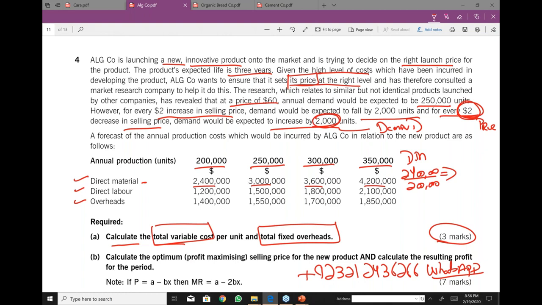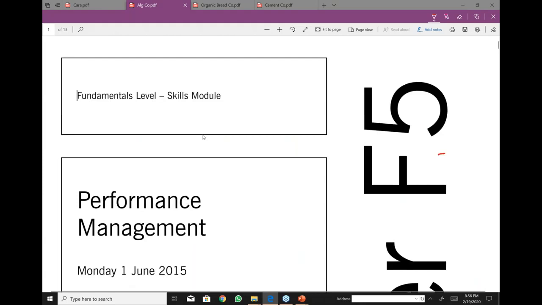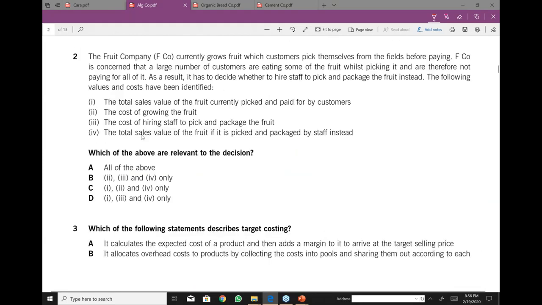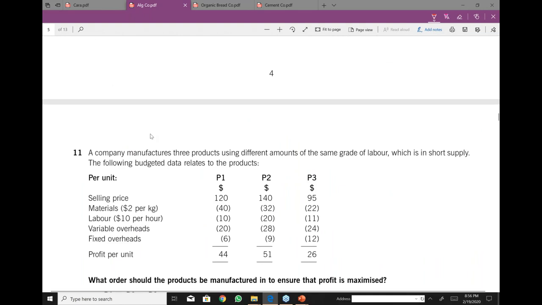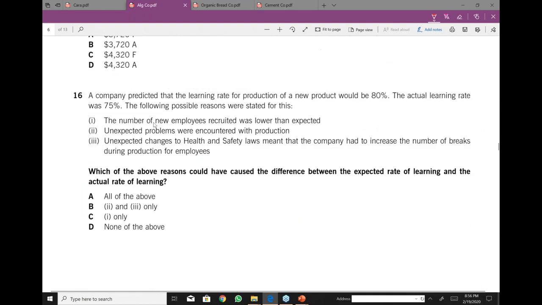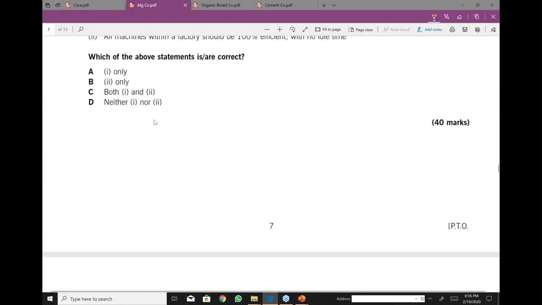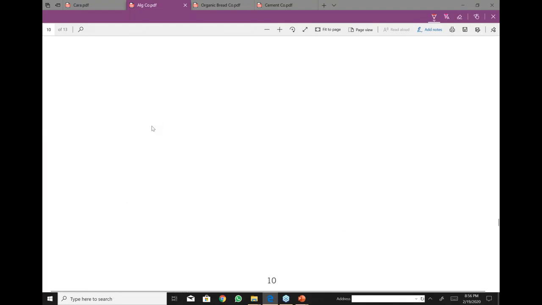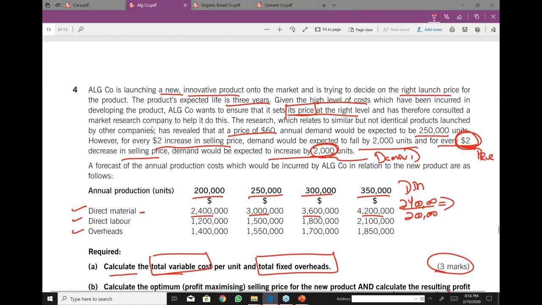It's 2400 divided by 200, and this is 12 for material.